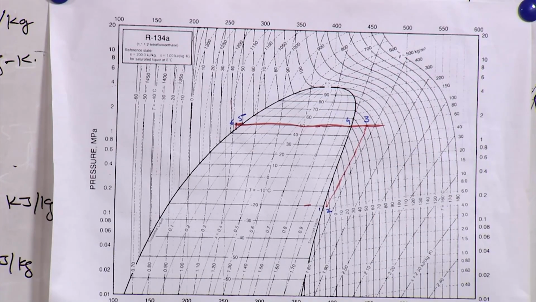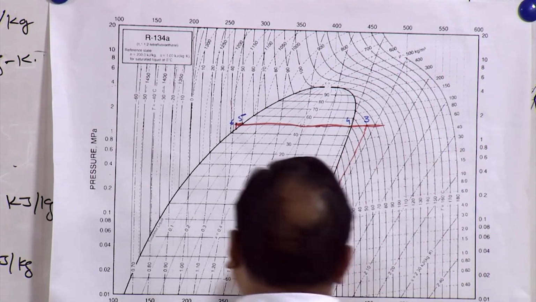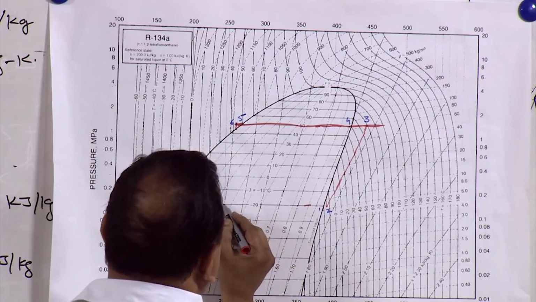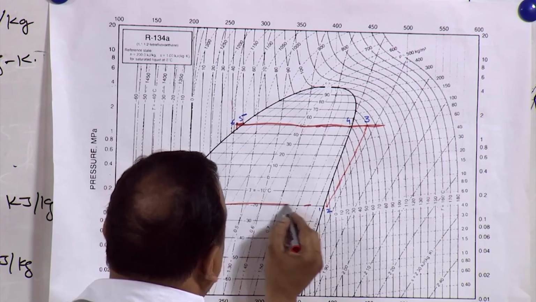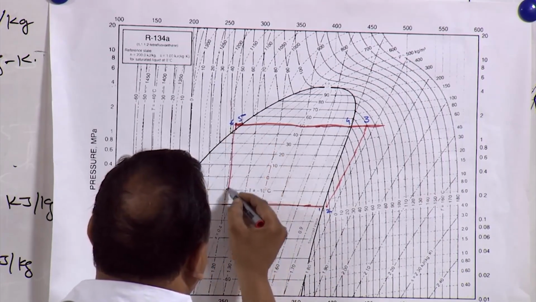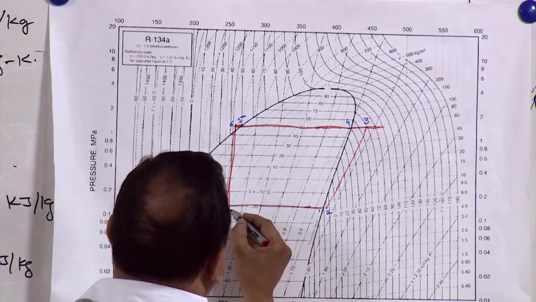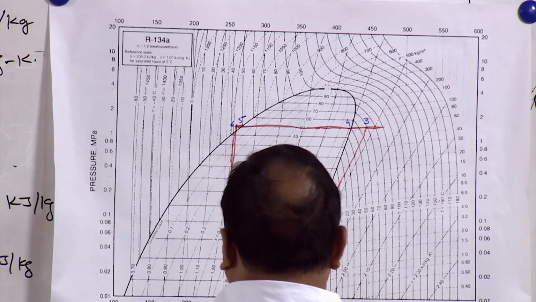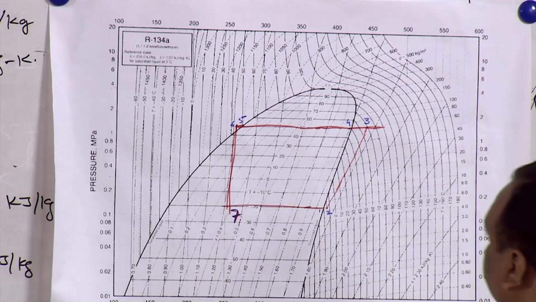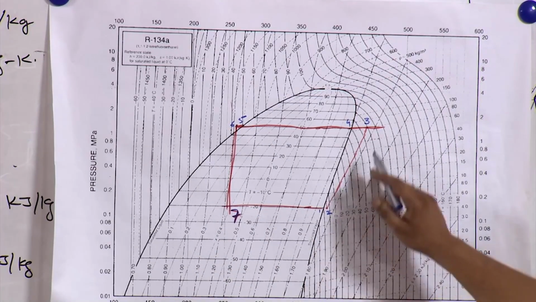Now, from 6 to 7 expansion takes place, it is a vertical line cutting horizontal minus 20 degree centigrade line, and we will be getting point 7 somewhere here. So, we have drawn all the points here.